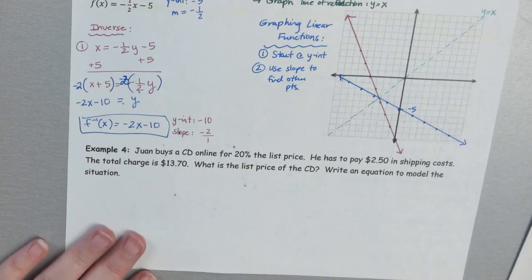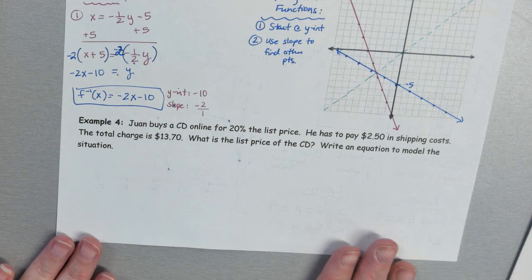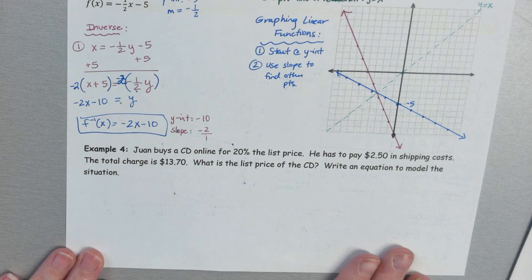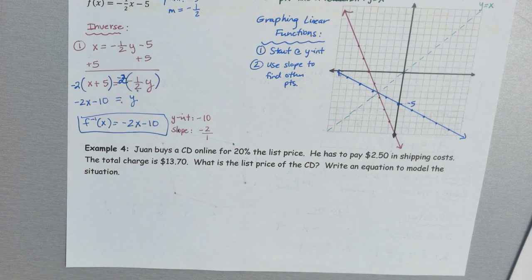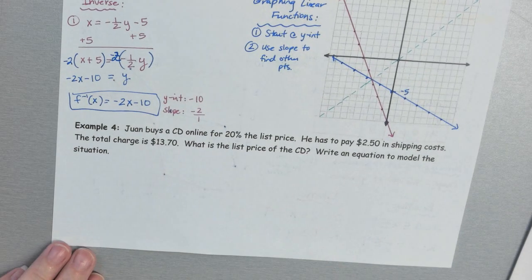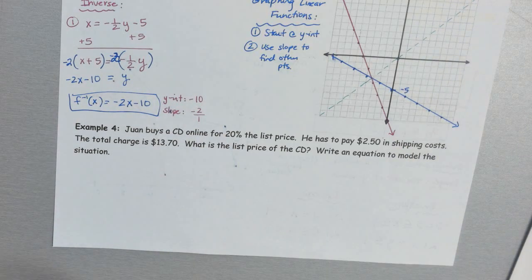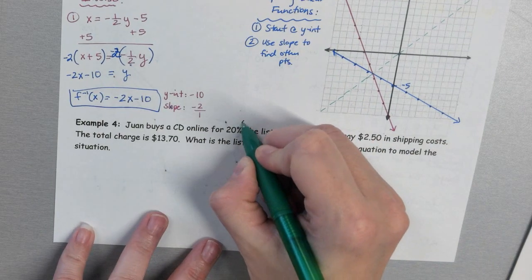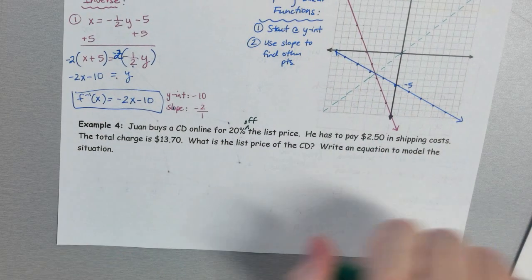All right, and then we're going to look at example 4. I apologize for the datedness of this because Juan is buying a CD, and I don't know if that's very prevalent these days. We also are going to add a word to this. So this should say he buys a CD online for 20% off the list price.